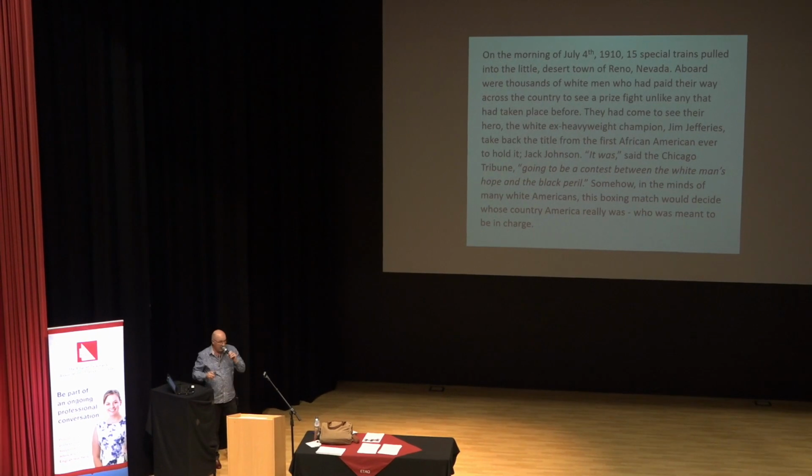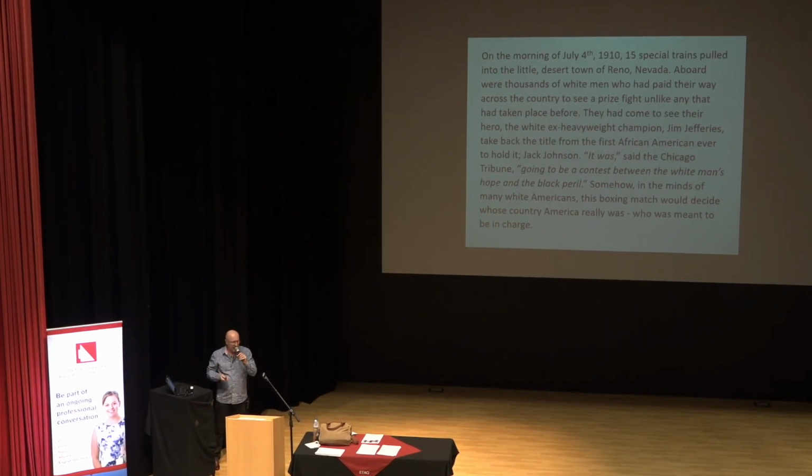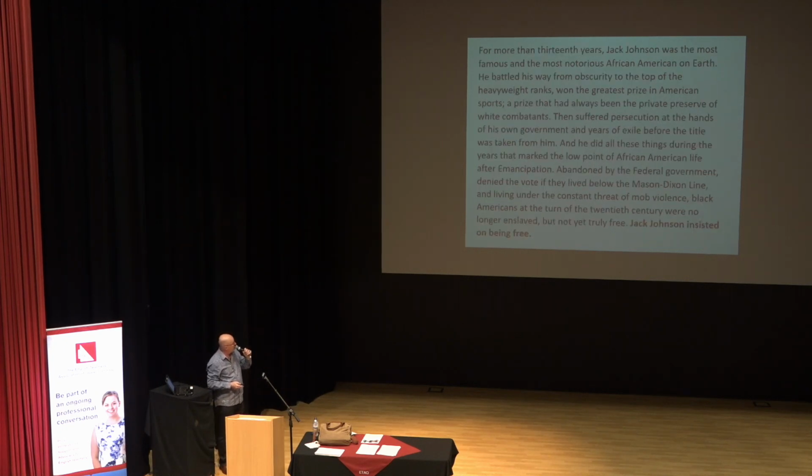Okay, so certainly the first bit was setting the scene about where this was going. This big fight against this guy called Jim Jeffries. And then we get all this information that will be examined in much more detail throughout the documentary.